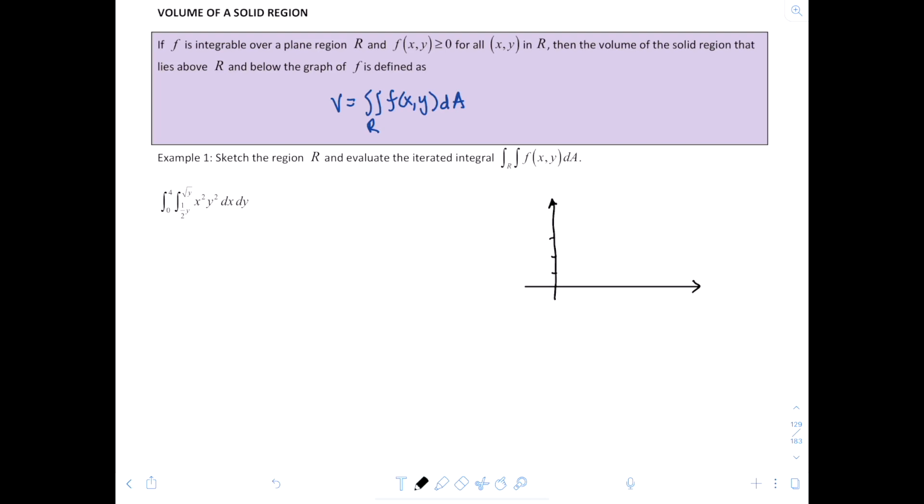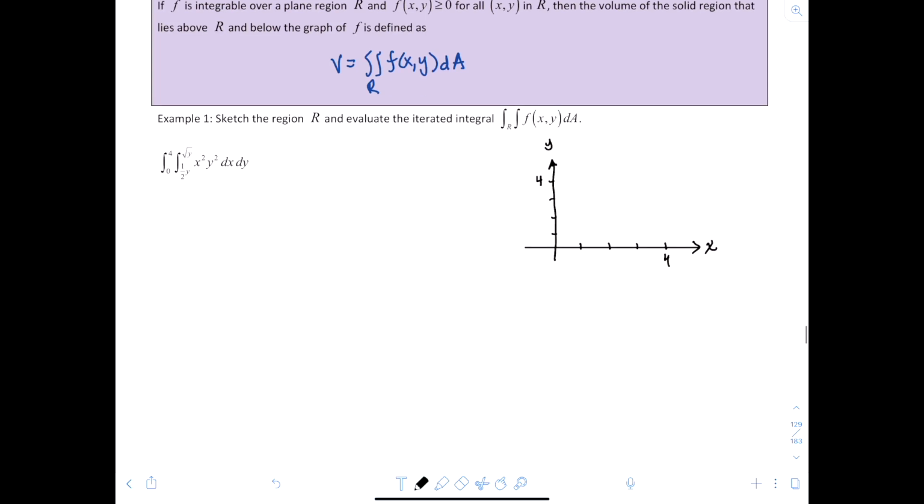So if we take a look at the planar region, we know y is going from 0 to 4.